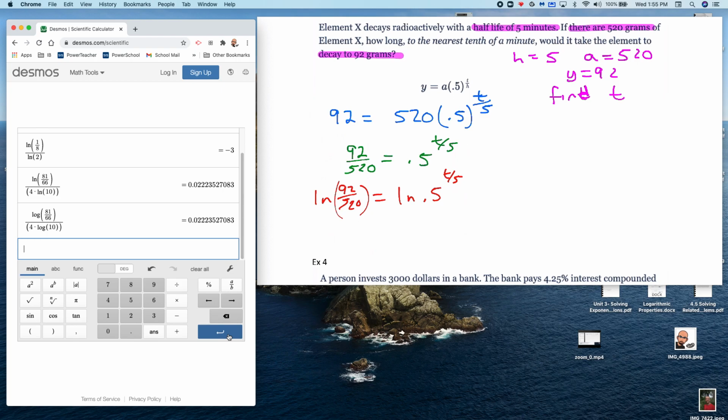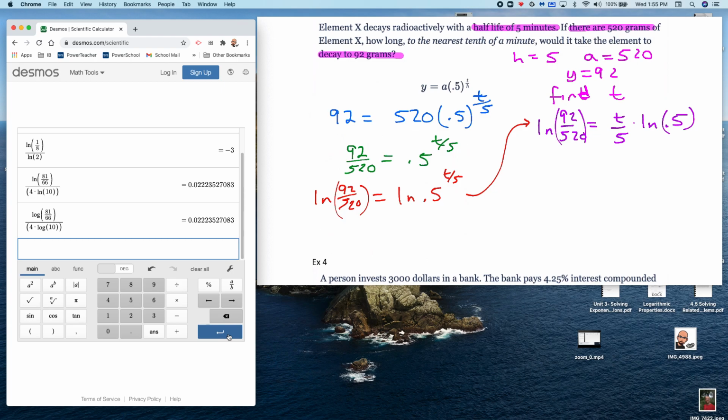Now, because of that power, I get to pull that power out in front. So if I pull that power out in front and continue solving this, the natural log of 92 divided by 520 would equal t divided by 5 times the natural log of 0.5.